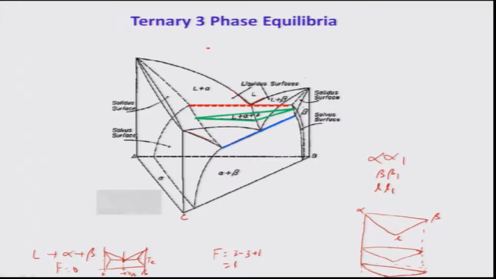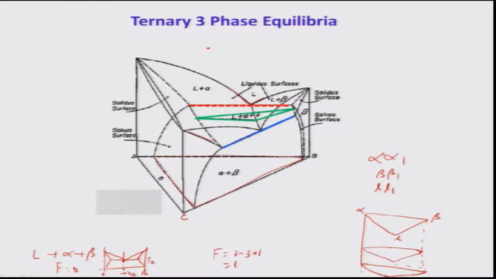Now, in a ternary system, we show this equilibrium by a triangle. That is what is shown between liquid, alpha and beta here. You can see here this is a triangle, correct, and this triangle actually goes over here. So the whole equilibrium is described as a stack of triangles as you decrease the temperature.